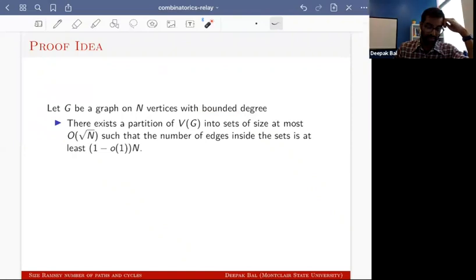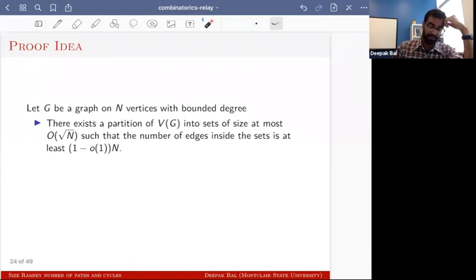Then there's a lemma that says there exists a partition of V of G into sets of size at most square root of n, such that the number of edges inside the sets is asymptotically at least N. So how does this work?